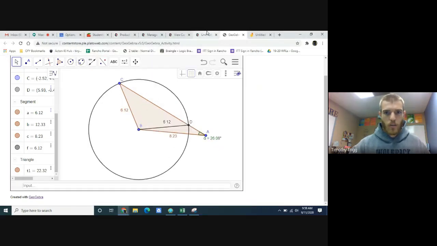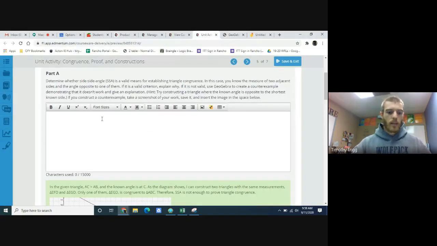Okay. So the explanation, we get at least to the explanation. We produced two non-congruent triangles that have congruent side.